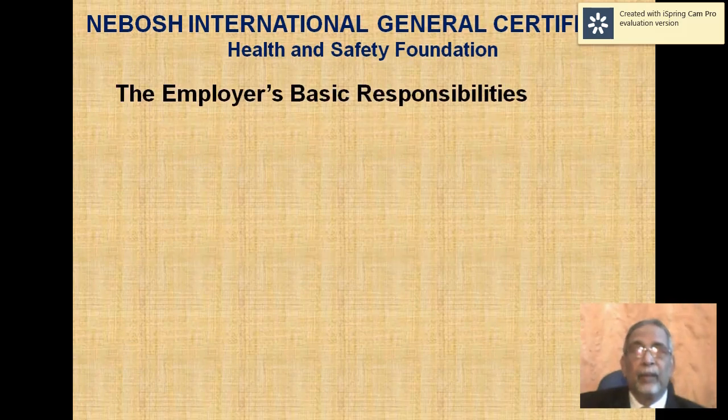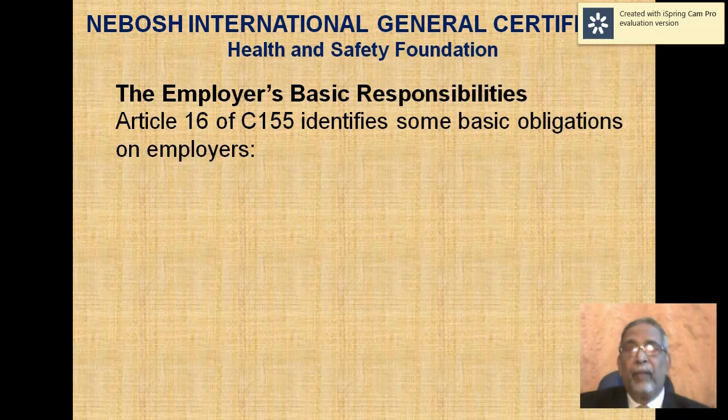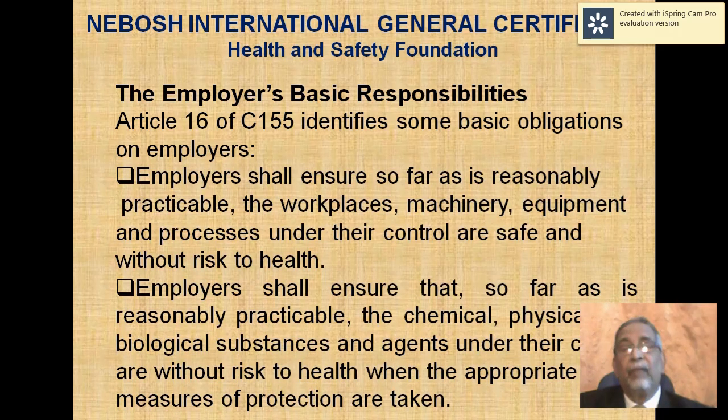Now we will see the basic responsibilities of the employer. Article 16 of C155 identifies some basic obligations on the employer, as follows. Employers shall ensure that, as far as is reasonably practicable, the workplace, machinery, equipment and processes under their control are safe and without risk to health.